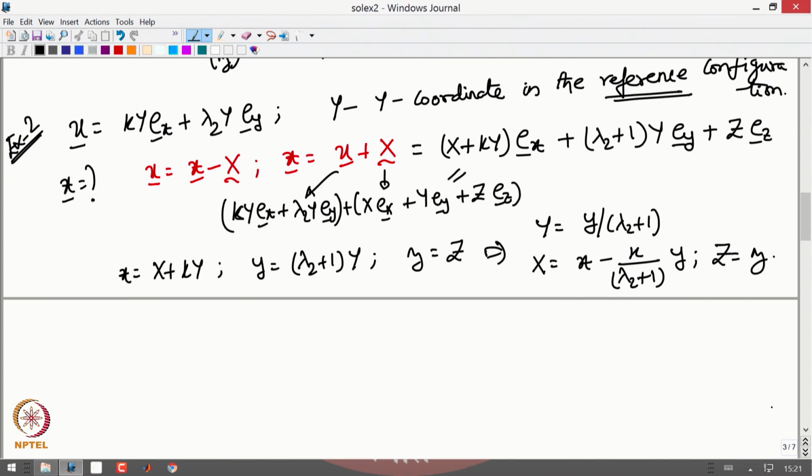Now, having represented this, it is easy to convert the material representation of u to a spatial representation of u.